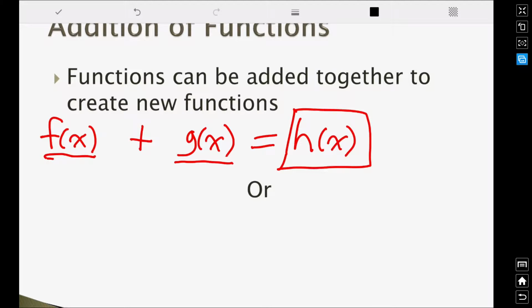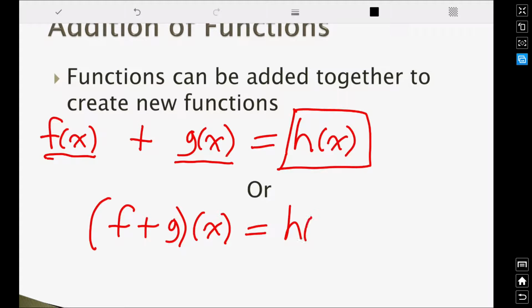Sometimes we write it like this: f plus g of x is equal to a new function h of x. Okay. And that's basically what function addition is. Just taking two functions, adding them together, creating a new function, and we work from there.